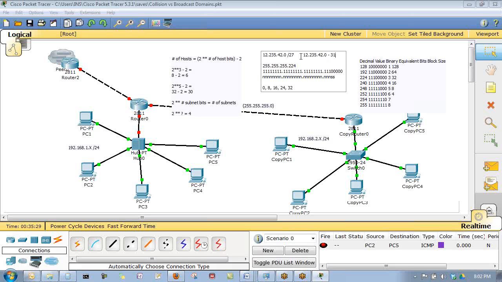So we're not going to use this block here because it's too high. It's above what we need it to be. So right off the bat, I know that I have 4 subnets, and I know what the network addresses of those 4 subnets are.